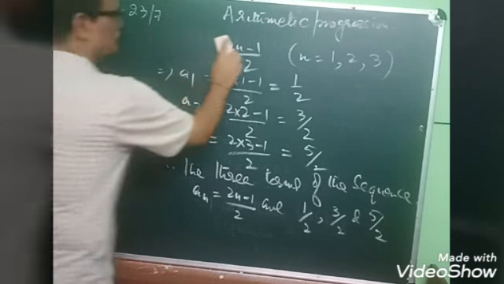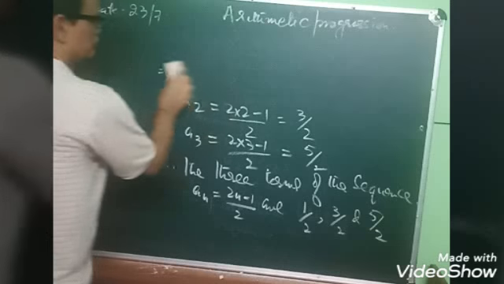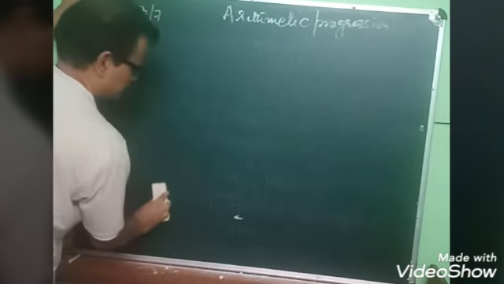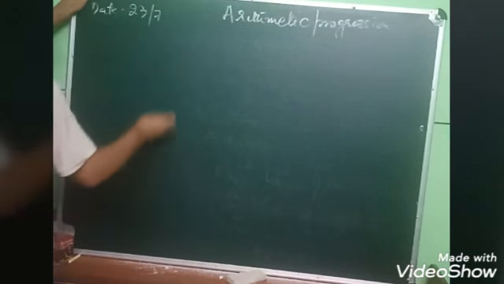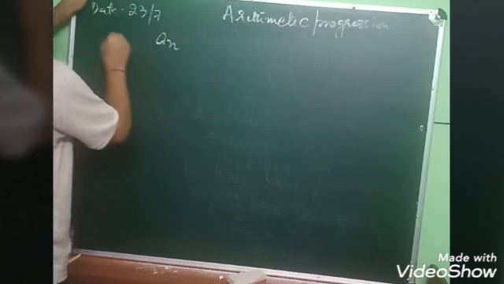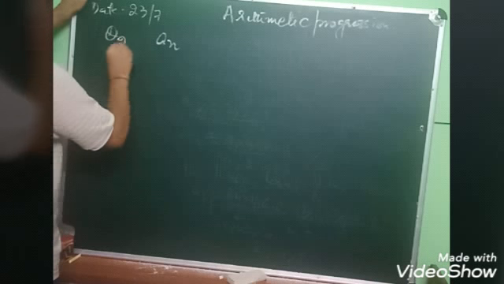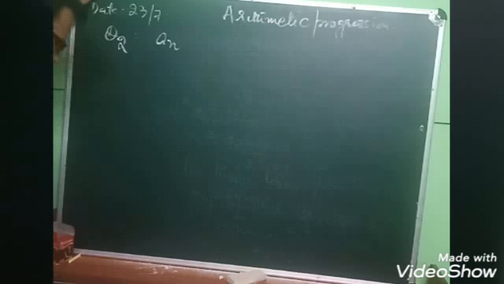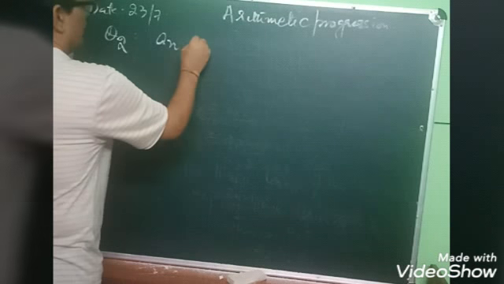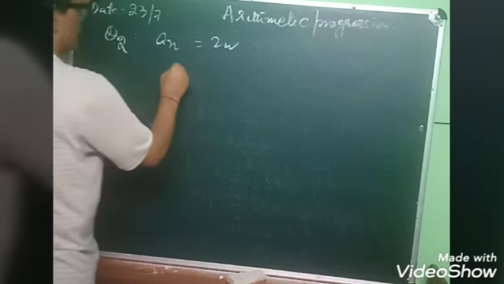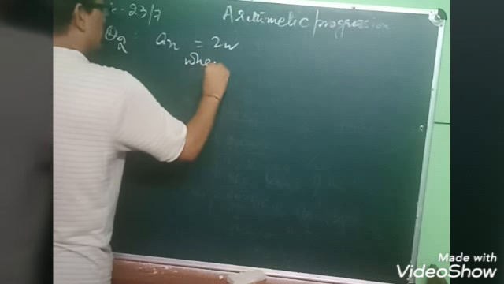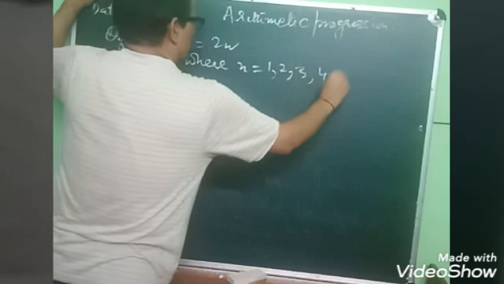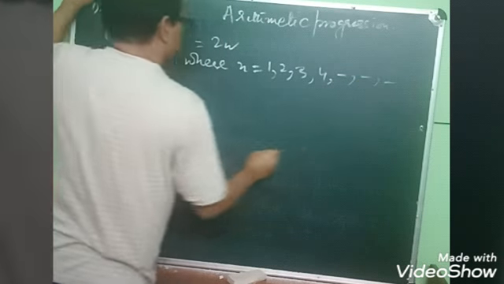Second question: write the terms for the following as infinite. an is equal to 2n, where n is equal to 1, 2, 3, 4, dash, dash, and dash.